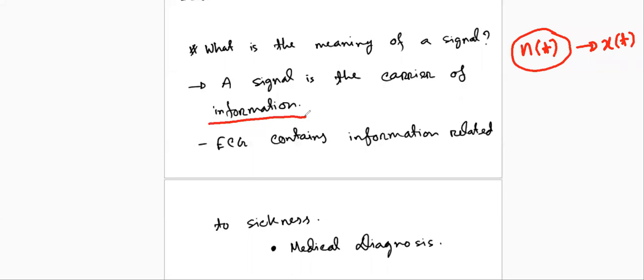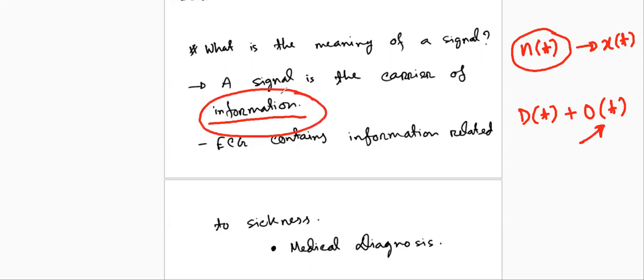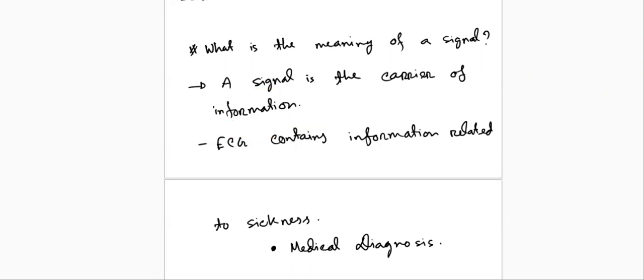For the other courses there might be some information for you. So for the DSP, let's say d(t) is the signal, and from the other courses, o(t) is basically noise. So the information is an important fact to identify the signal.